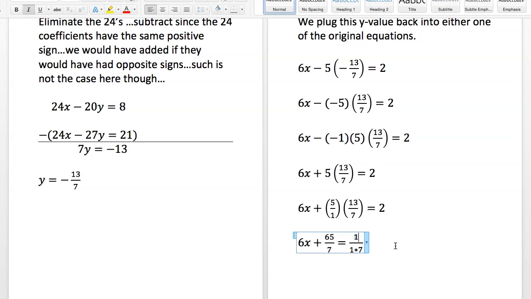So 2 can be written as 14/7. It's still 2, it's just the actor is wearing a different mask. So I'm going to write 2 as 14/7. That way this denominator matches this denominator, and we can subtract at will when the time comes. And it's going to actually come real soon now.